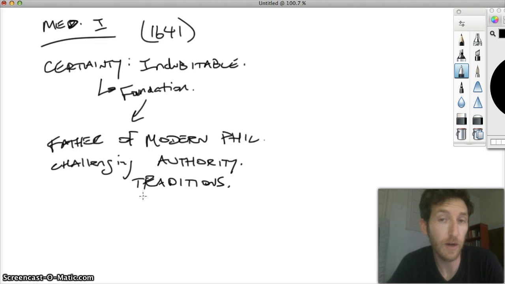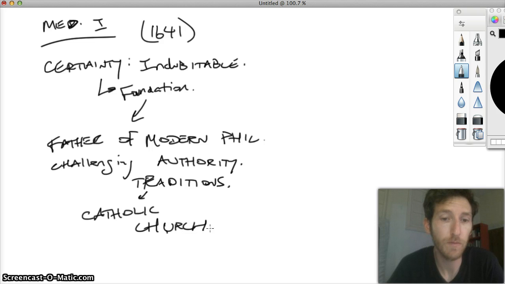Throughout the entirety of the Middle Ages, heading into the Renaissance and then the modern period, it's the Catholic Church, which is the governing authorial body during this period.